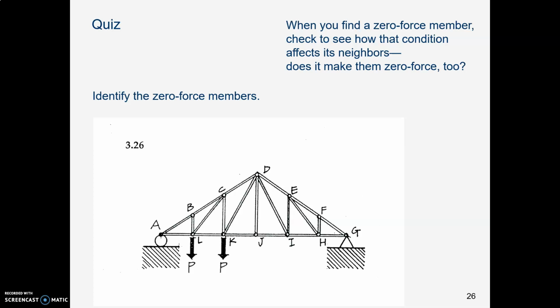And if you do, does that affect anybody's neighbor? Does that make the next door neighbor 0? Let's see, how many zero? I should have written the answer here. 1, 2, 3, 4, 5, 6. I think, if I'm remembering right, there are 6 zero force members in this truss.